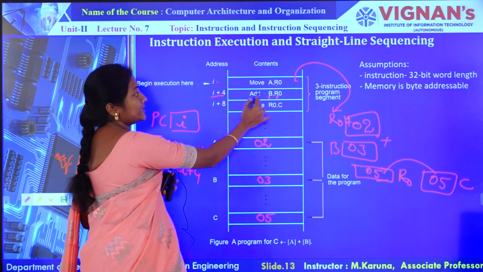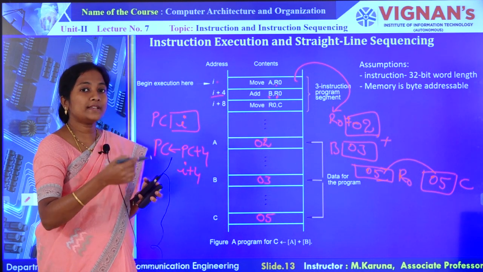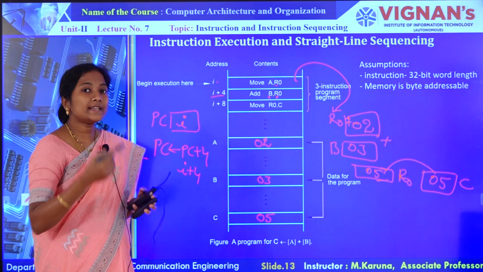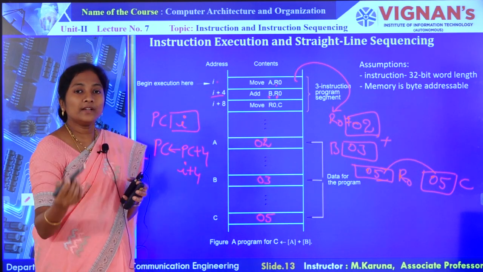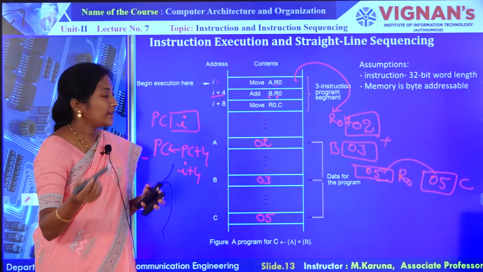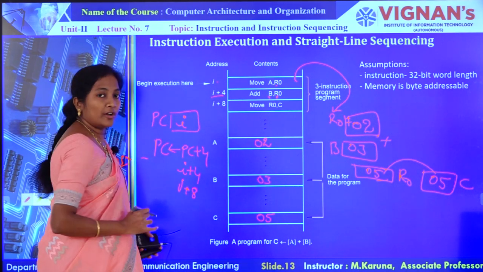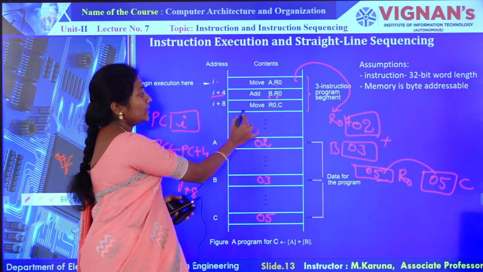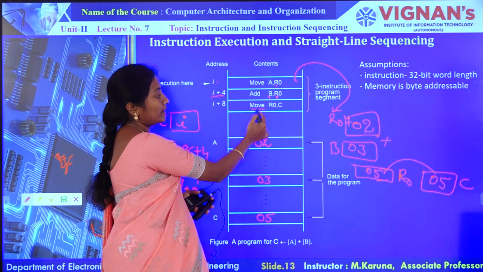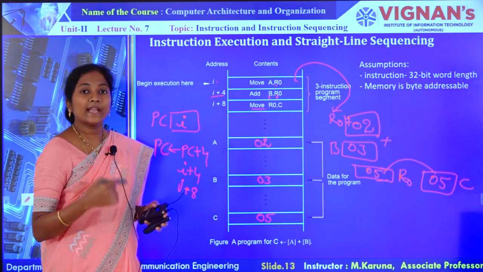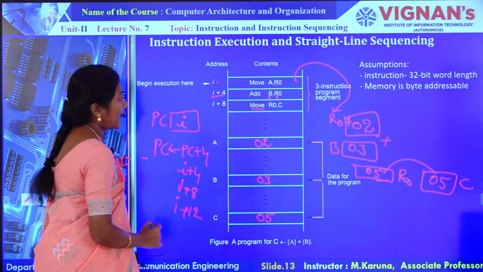Then the control unit fetches that instruction, gets the instruction code at I plus 4, then it is transferred to the instruction register, then PC will be automatically incremented by 4, that is I plus 8, to get the next instruction. Then after execution of that instruction, again PC will be incremented by 4, that is I plus 12.